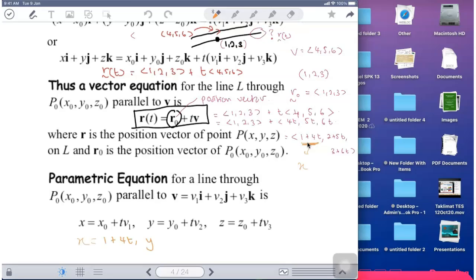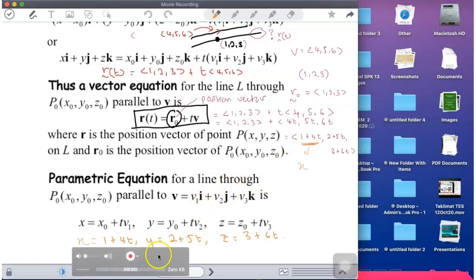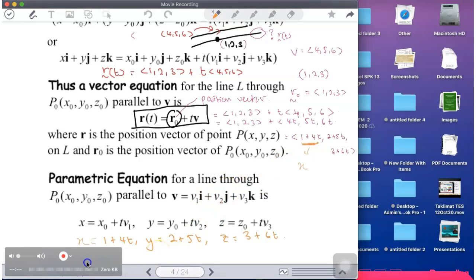For the Y component, Y equal to 2 plus 5T. And for the Z component, Z equal to 3 plus 6T. This kind of equation is called a parametric equation. Remember, for any vector function, there must be a parametric equation.